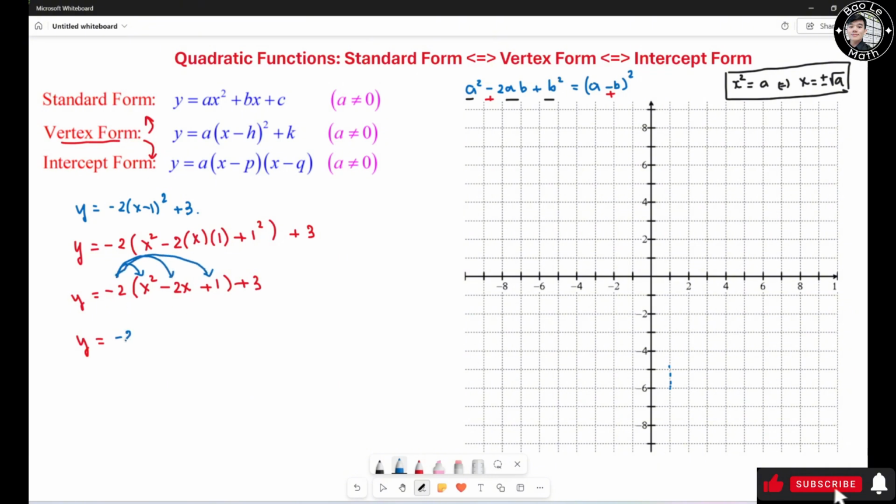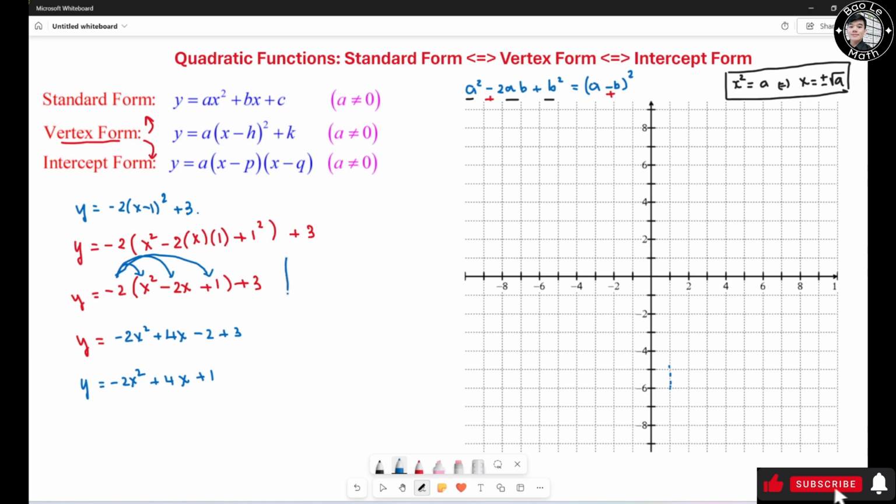So it's going to be negative 2s squared. Negative 2 times negative 2s is 4s. Negative 2 times 1 is negative 2, plus 3. Alright, the final answer is y equals negative 2s squared plus 4s. Negative 2 plus 3 is going to be 1, so plus 1. This is the standard form.